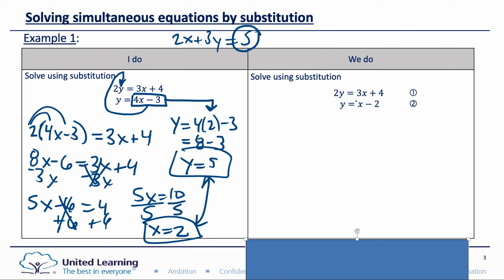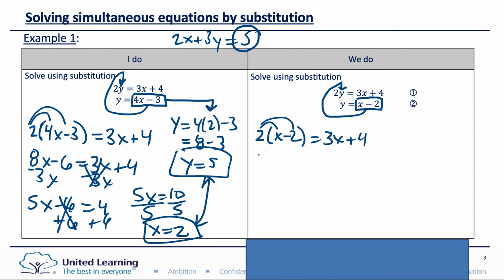Okay, let's find out. So hopefully you said, right, well, I'm going to substitute this expression in for this y. Let's see if this is what you did. So you did this, hopefully. You then expanded the bracket out and got this. Okay, then hopefully you started eliminating your x's.